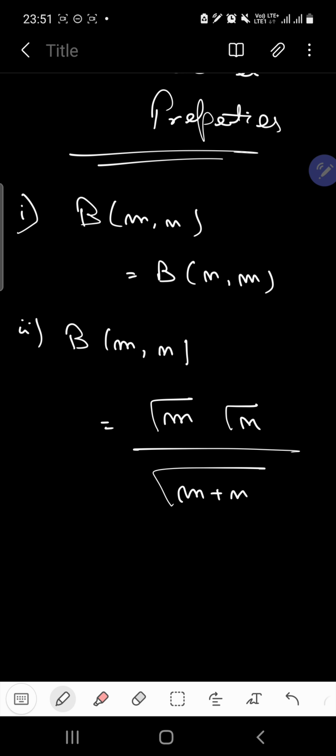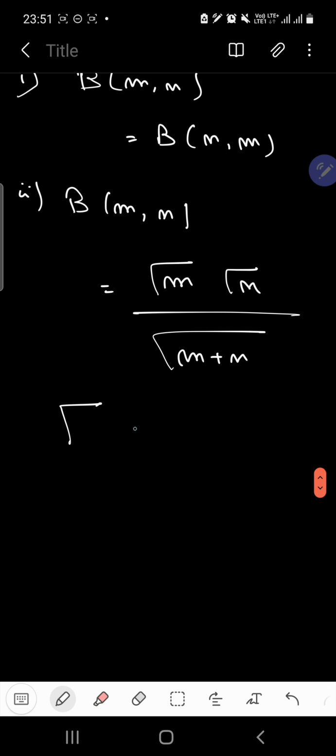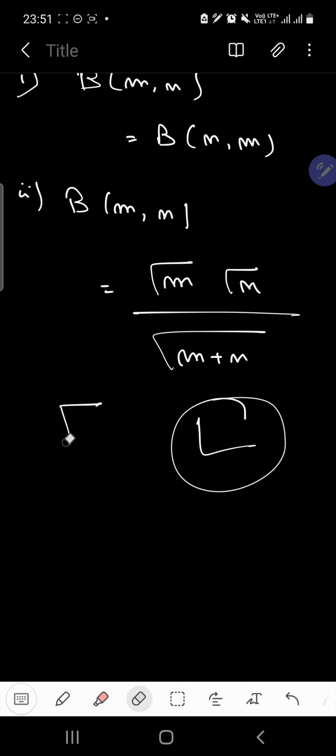The gamma symbol is like the reverse direction of the symbol of factorial. The main properties actually reside in the gamma function, because the beta function is a corollary of the gamma function.